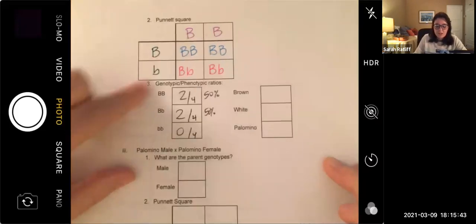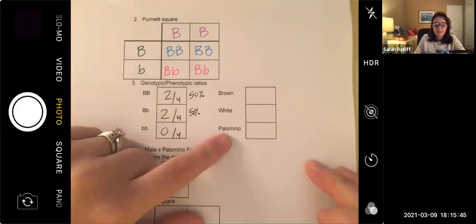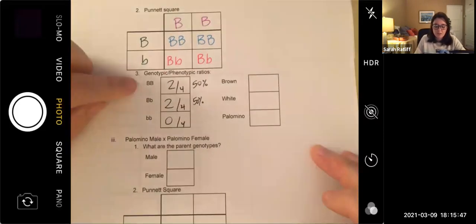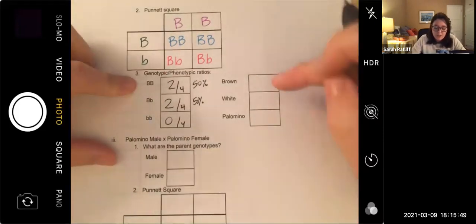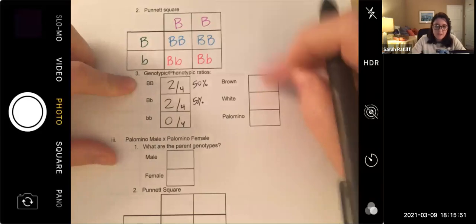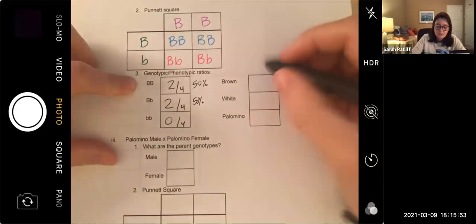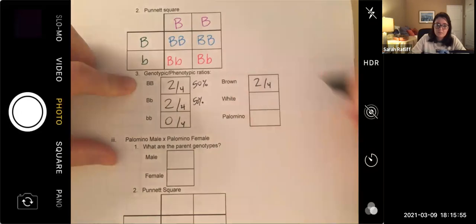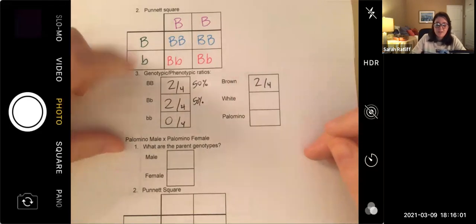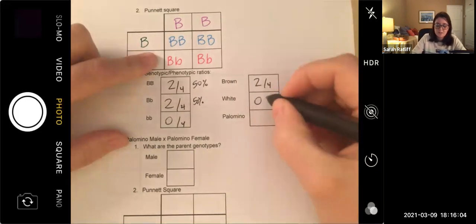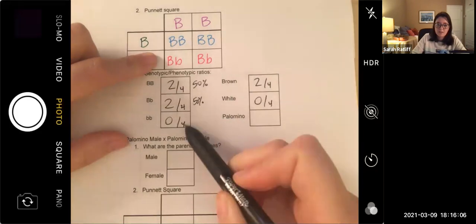We figured out our genotypes. What does that mean for our phenotypes now? Okie dokie. Brown, we know, is this homozygous dominant. We got 2 of those guys. White, we know, are those little b, homozygous recessive. We don't have any of those. We found that out down here.